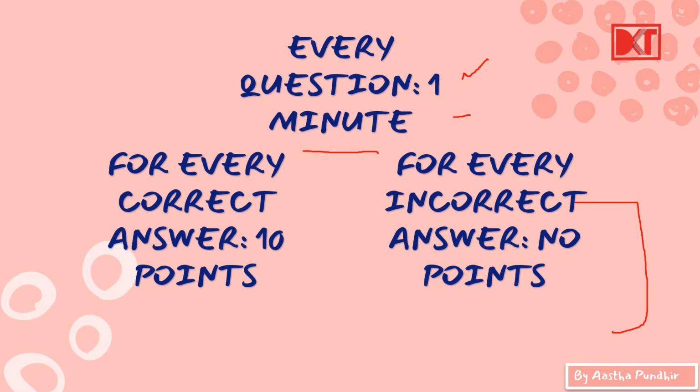Either you will get the marks for that question or you will get a 0, right? But if you don't attempt that question at all, then you are anyway getting a 0, right? So it is good to attempt those questions, and even if you don't know all the answers, try to understand and take a guess. Okay, so for every correct answer, 10 points. This is just for your own little game where you can try to maintain a notepad.